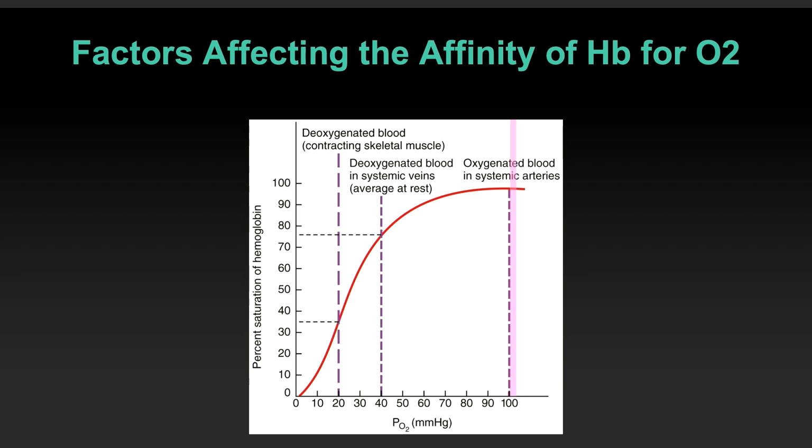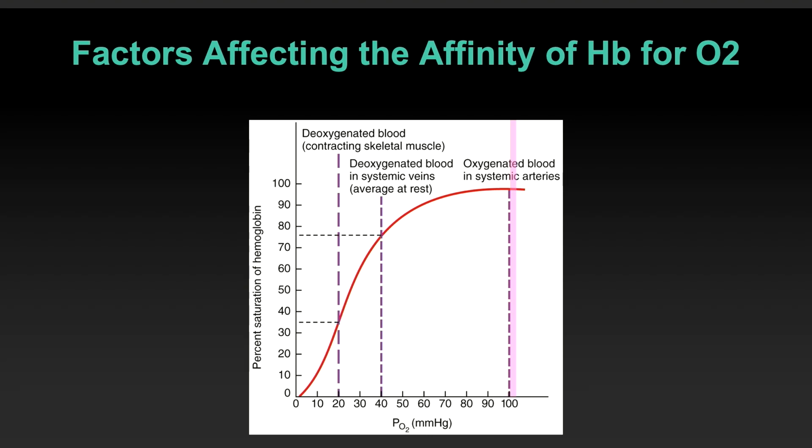Now this doesn't change as you move through the systemic circulation down the brachial artery to the arm and the fingertips, or through the femoral artery to the leg. It stays fully saturated. Only when you get to the tissue and PO2 is lower does the saturation get affected.